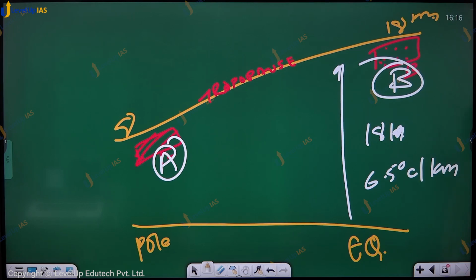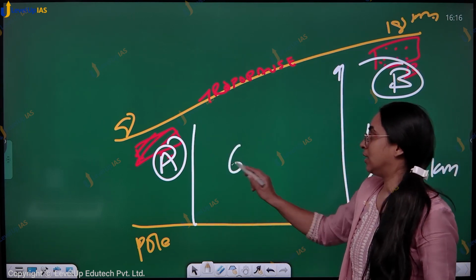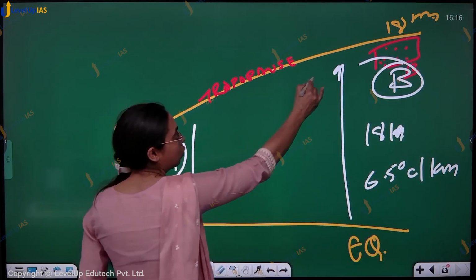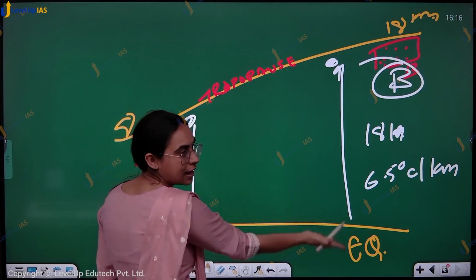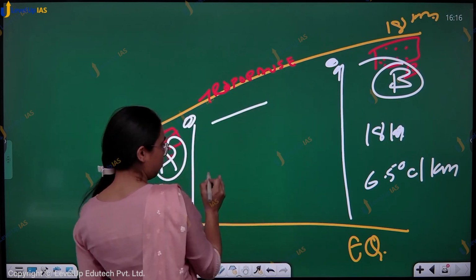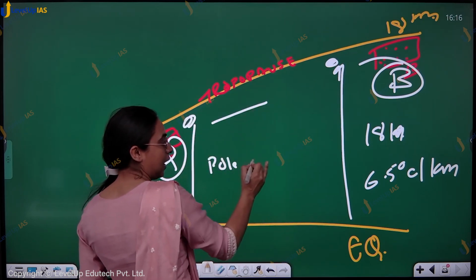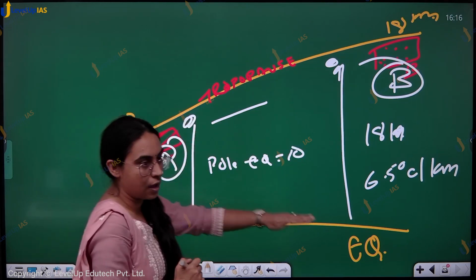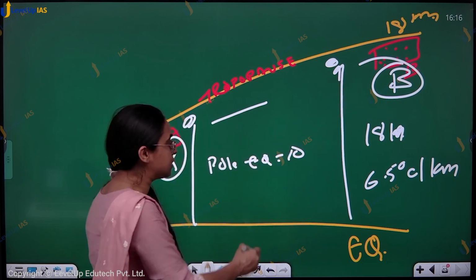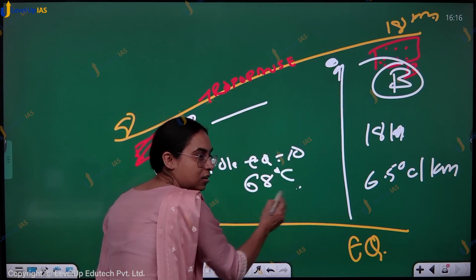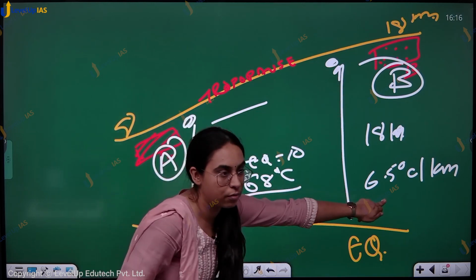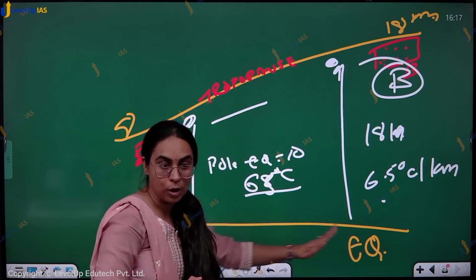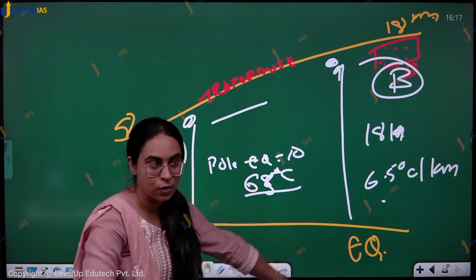If you multiply by 18 or by 8, the cooling is at this rate. The difference between the pole and equator is 10 kilometers, so a temperature difference of 65 degrees Celsius would come if it is 6.5 per kilometer. There can never be such a temperature difference between the equator and the pole.